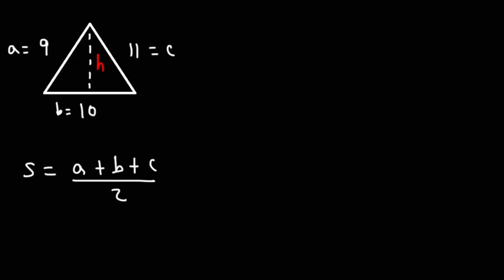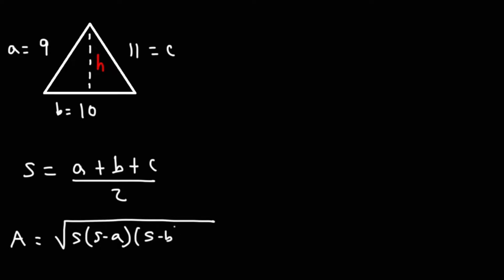Now, once we calculate the value of S, we can then plug it into this formula to get the area of the triangle. So the area is going to be the square root of S times S minus A times S minus B times S minus C. Feel free to pause the video if you want to try this example yourself.